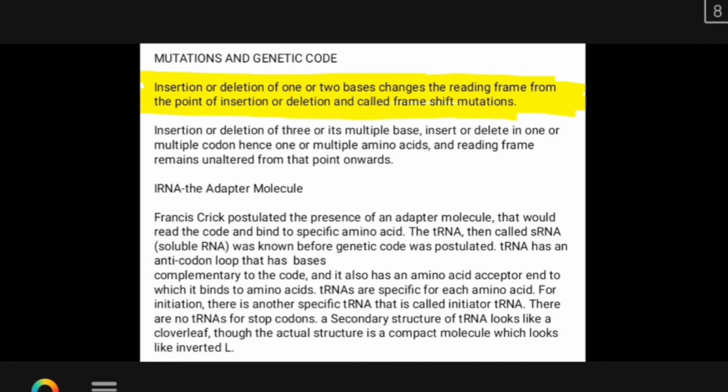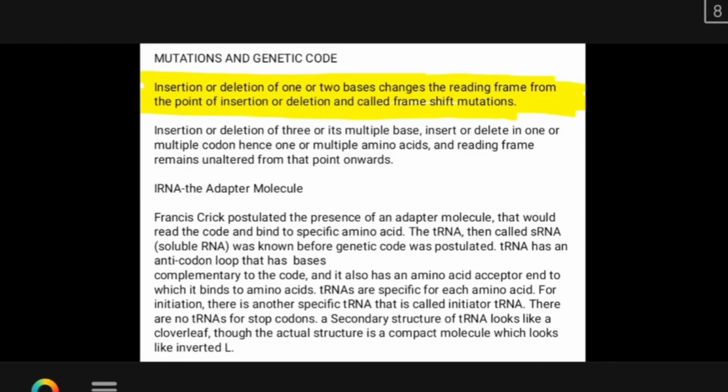Because the codon is a triplet, when we add one or two bases, it changes the reading frame and it is called frame shift mutation.